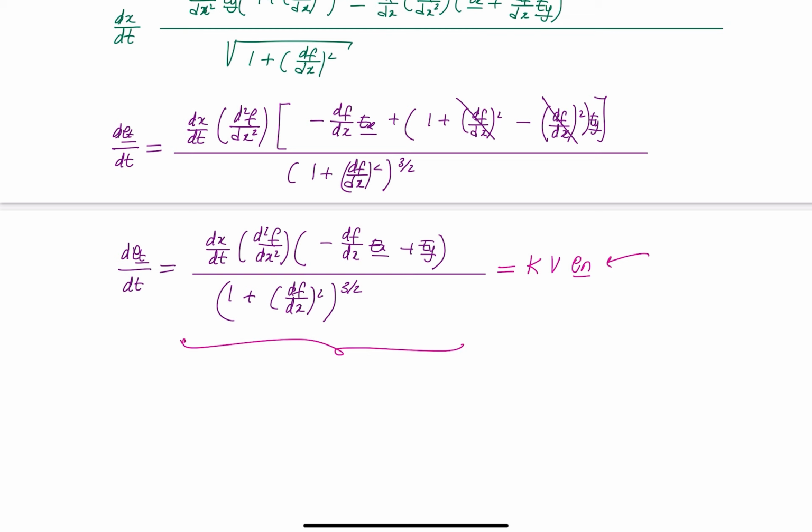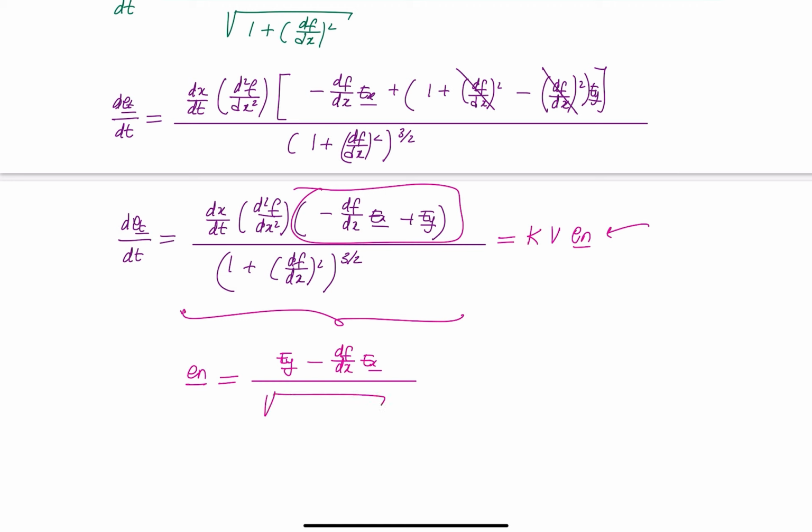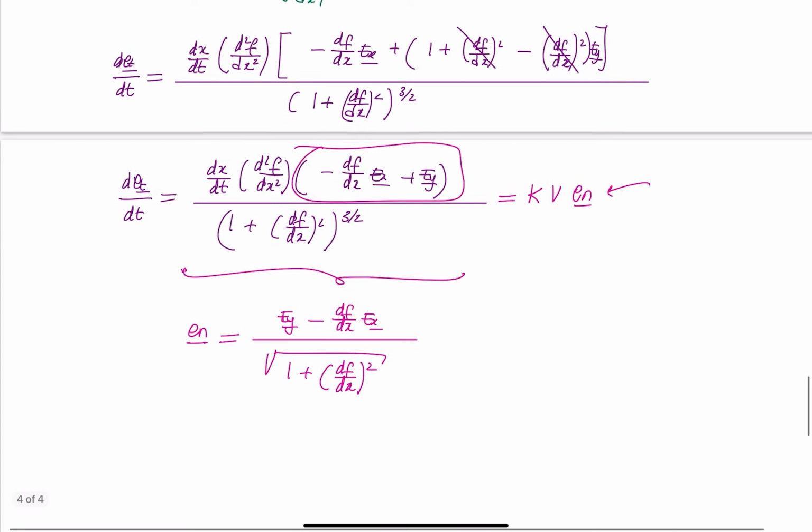So a unit vector along this direction. En is gonna be equal to minus, or Ey, minus df by dx ex over the square root of 1 plus df by dx squared. And then I know that all the rest should be equal to kappa v.